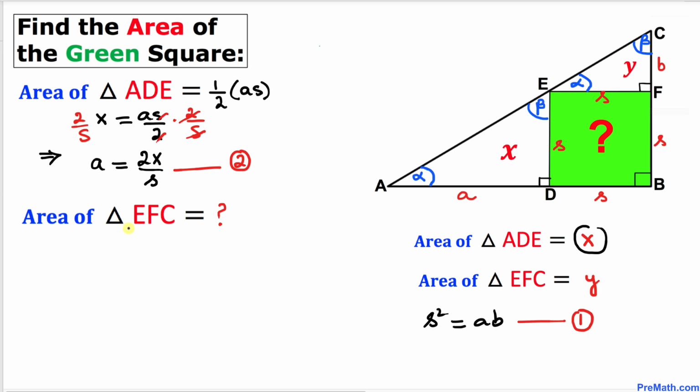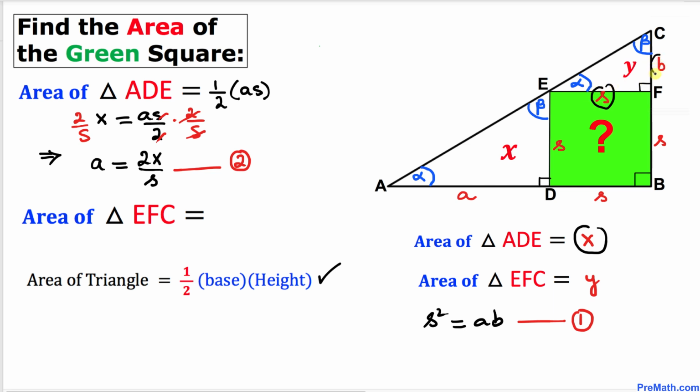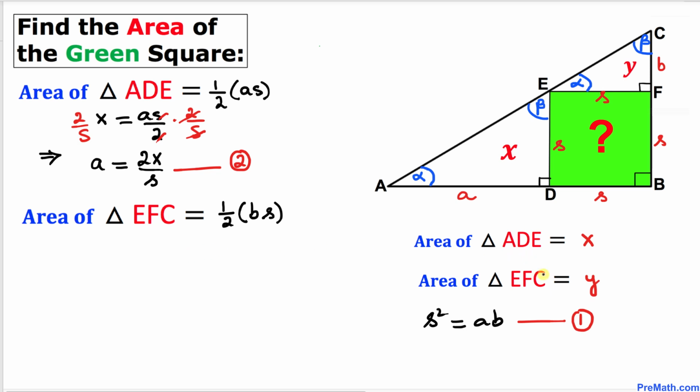Now let's calculate the area of the other triangle EFC. Once again, here's the area of a triangle formula. In our case, the base is lowercase s and the height is lowercase b. So the area of triangle EFC is going to be 1 over 2 times b times s. But we know that the area of triangle EFC is y, so I can equate y equals bs divided by 2.